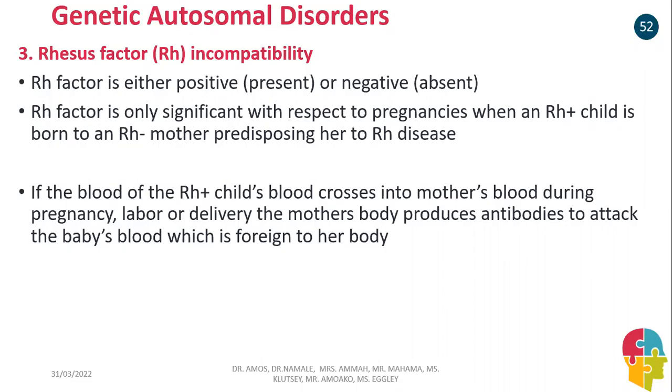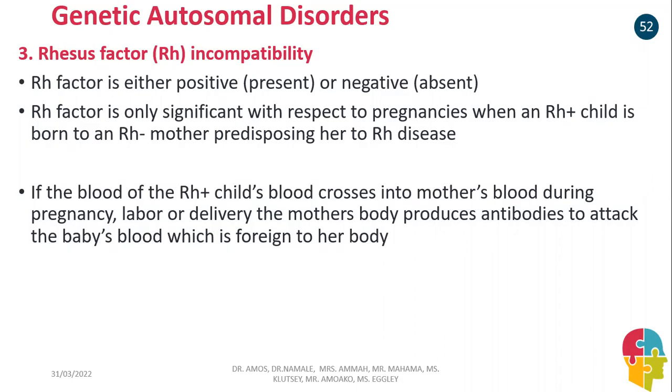What we are simply saying is that sometimes a lady who is RH negative, let's say A negative, marries someone who is A positive. Now, what happens? During their first pregnancy, everything is okay.